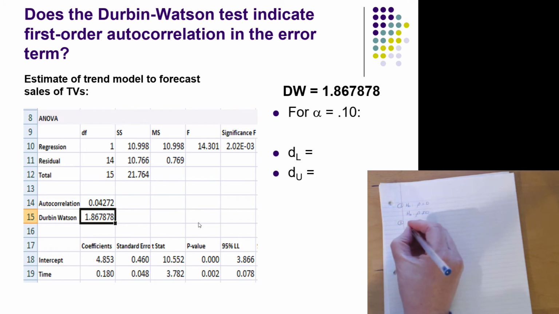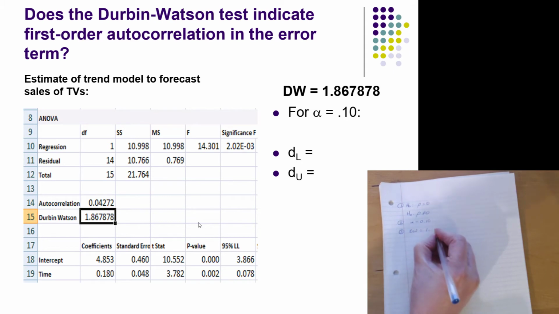Step 2, alpha equals 0.10. Step 3 is we just report the Durbin-Watson test statistic, which is 1.867878.